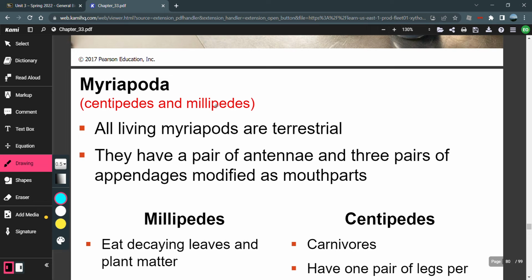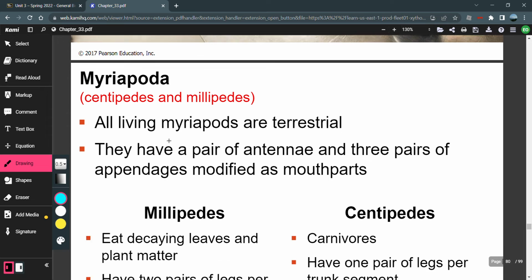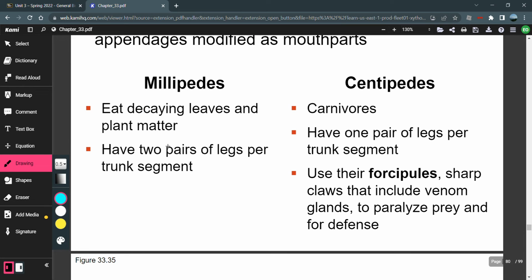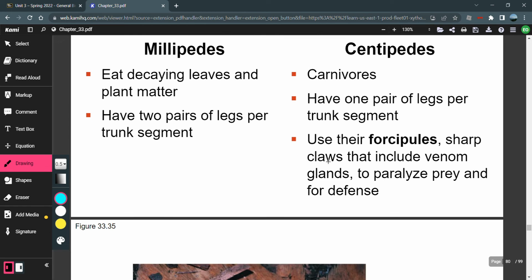So all living myriapods are terrestrial. They have a pair of antennae and three pairs of appendages modified as mouthparts. So the millipedes, they're really harmless. They have two pairs of legs per trunk segment. And the centipedes are carnivores and have one pair of legs per trunk segment.